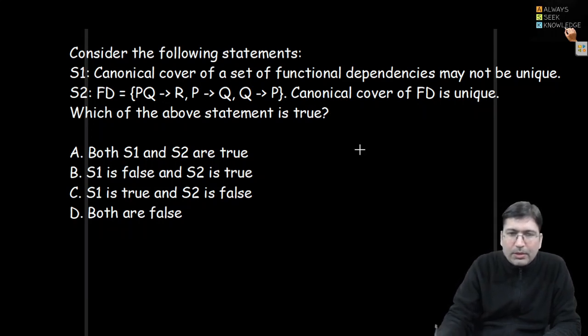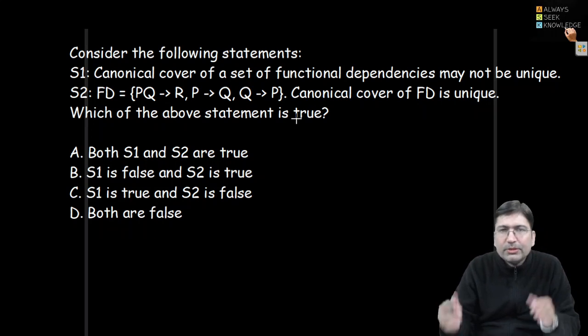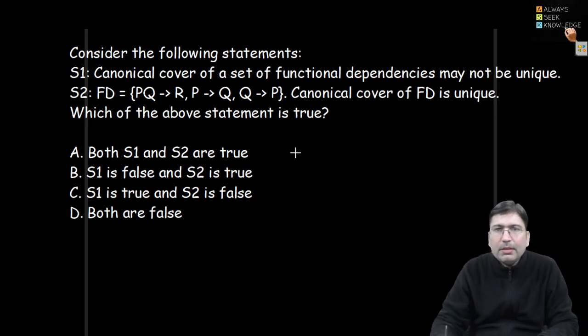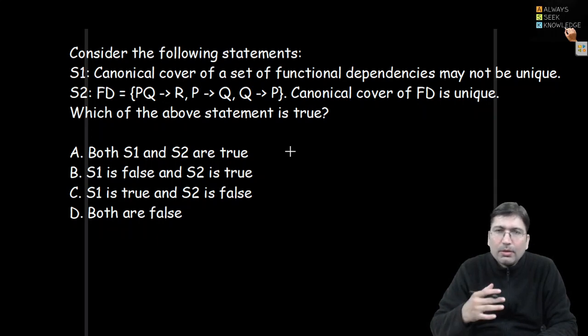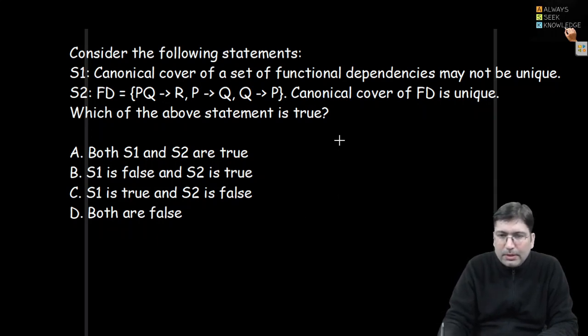So what is the canonical cover of a set of functional dependencies? When a set of functional dependencies is given, sometimes a few of the functional dependencies, or any portion of the functional dependencies, may be redundant.